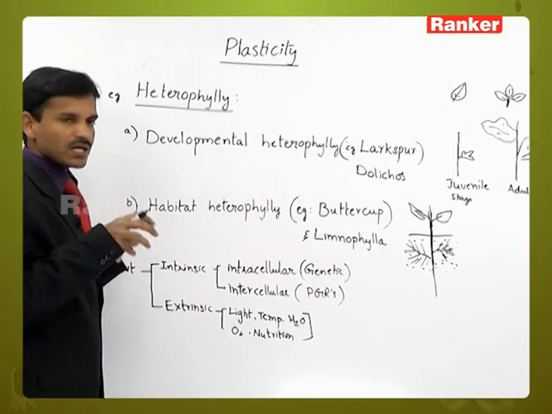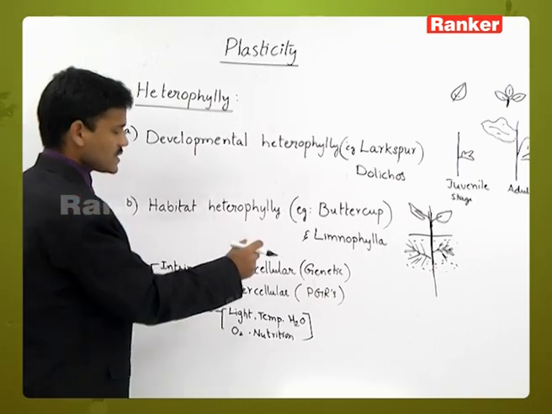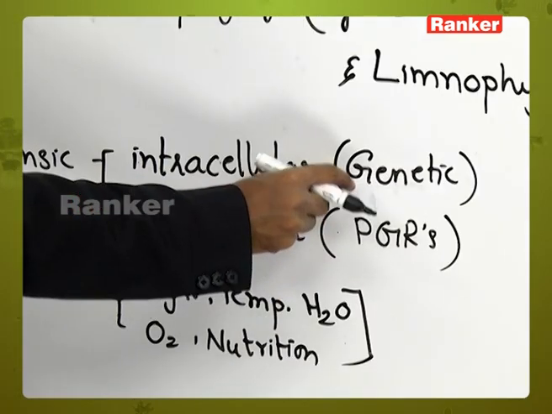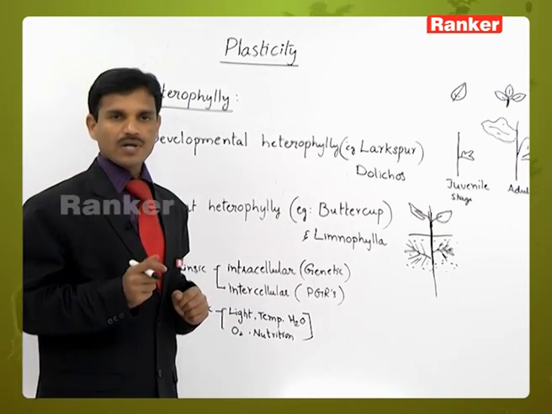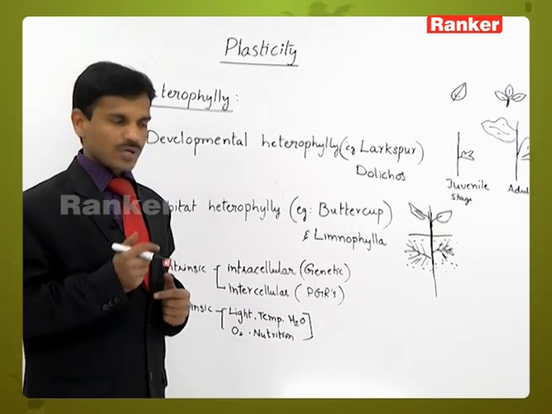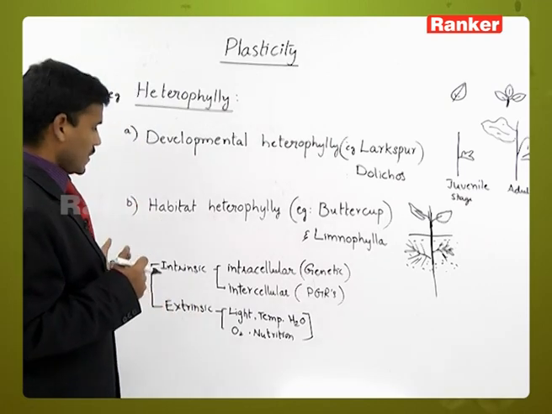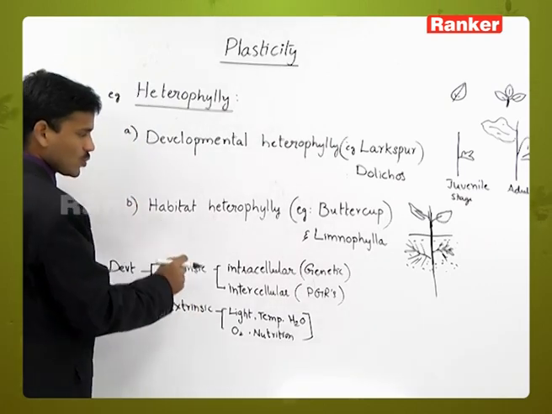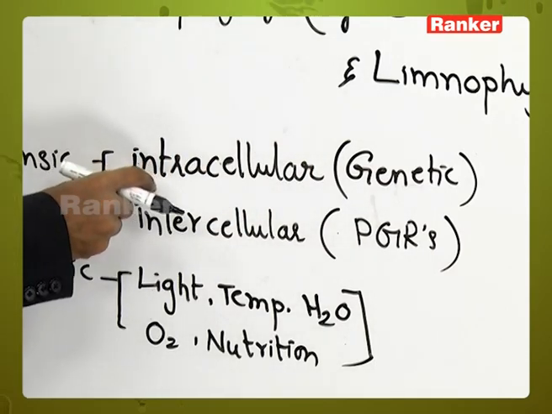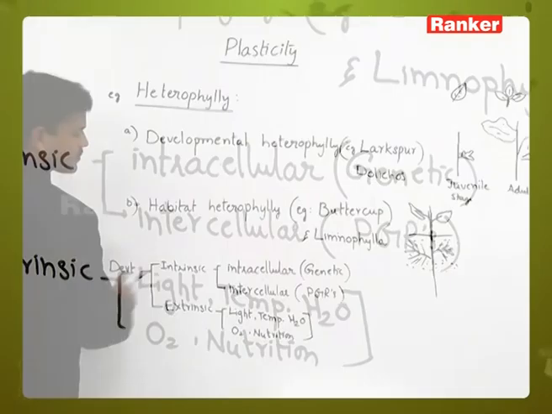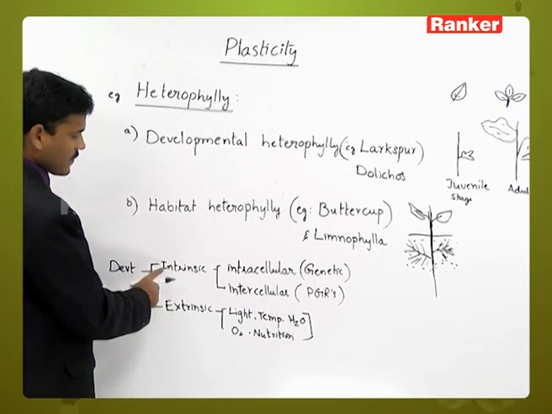Intracellular means within the cell. Within the cell, the genome or chromosomes are present. So the DNA is responsible for the development and shows an effect on it. Development is controlled by the genes present within the cell. It is called an intracellular factor and an intrinsic factor.